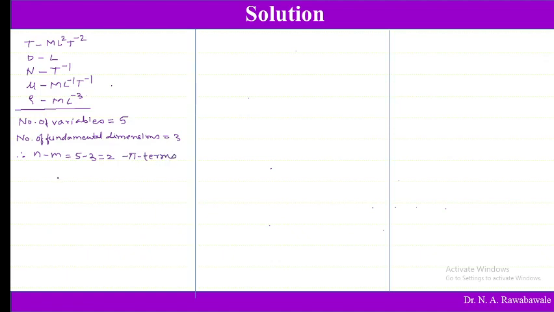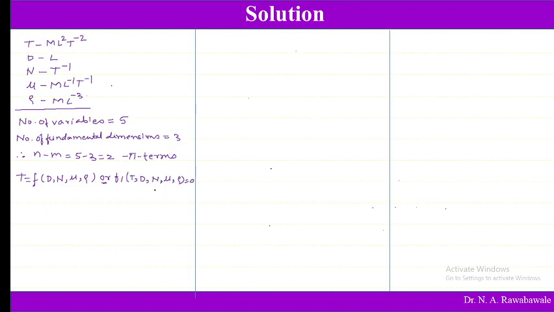Now here we must see that torque T is a function f of diameter, speed, viscosity and density, or this can be written as some other function f1 of torque, diameter, speed, viscosity and density, which is equal to 0.